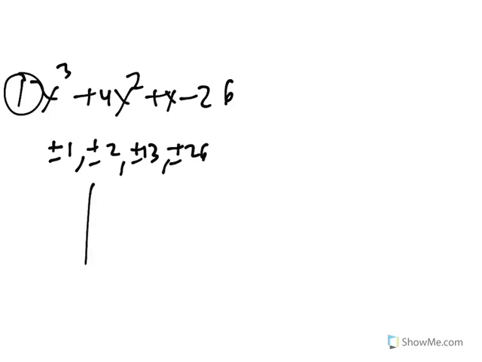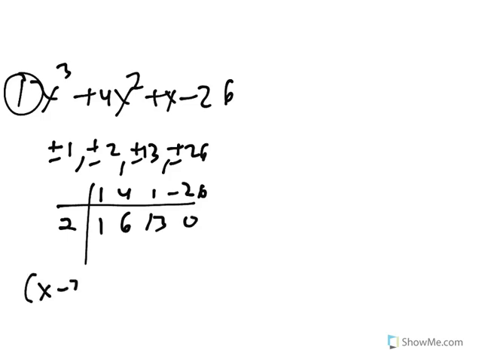And if we actually go ahead and start testing values, we would find that for x equals 2, or for the factor x minus 2, it would work, 13, 0. So this thing would factor to x minus 2 times x squared plus 6x plus 13.